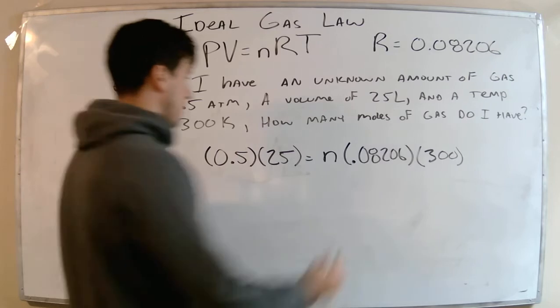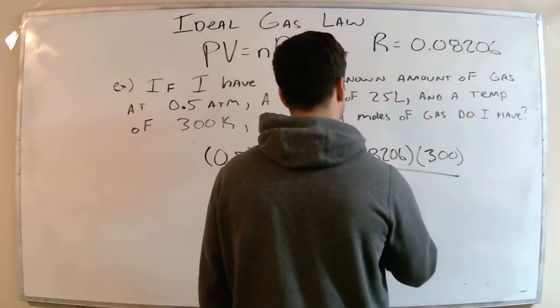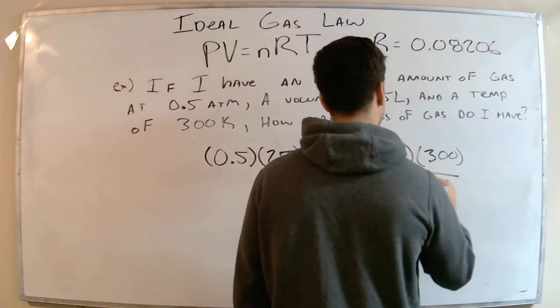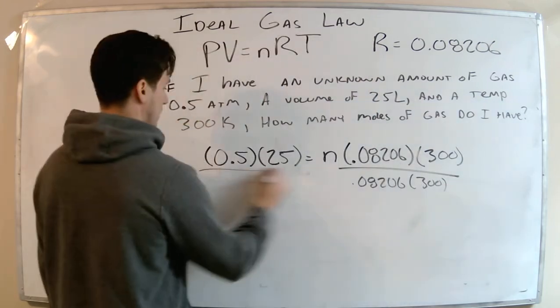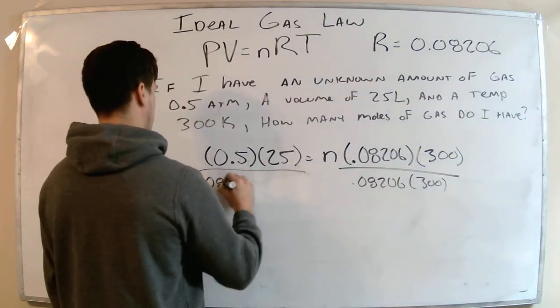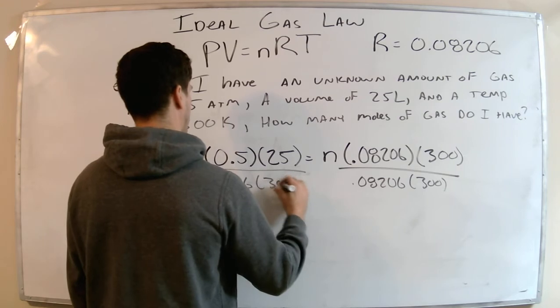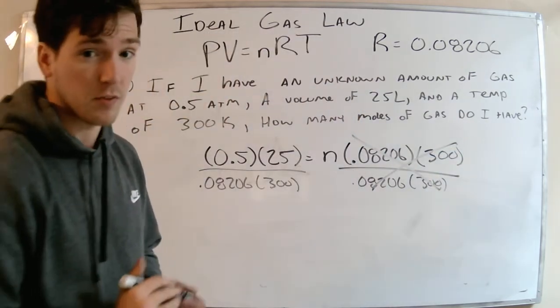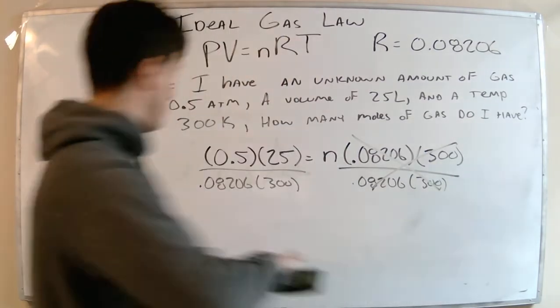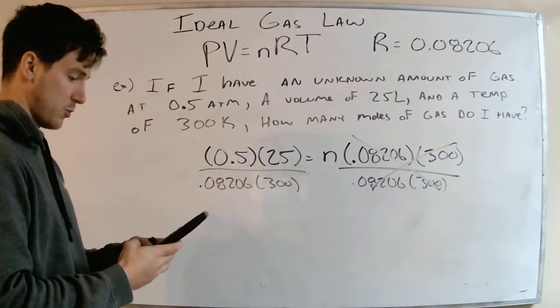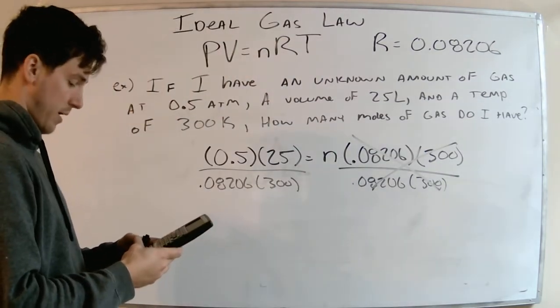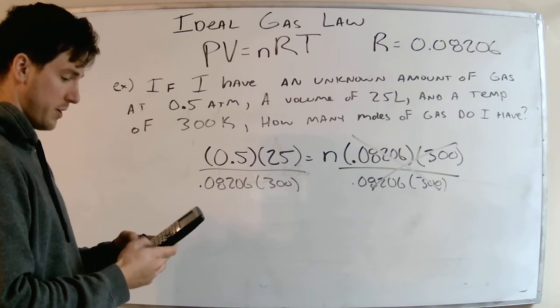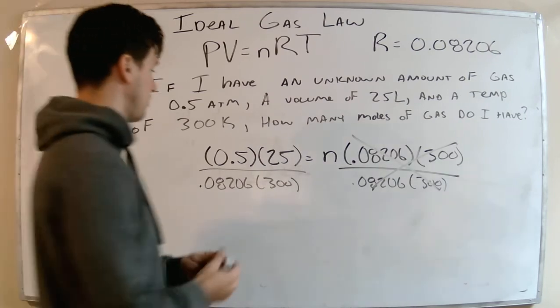Divide to get n by itself, so we'll divide by 0.08206 and 300 on both sides. Those cancel out. We're left with n, which is our moles. So 0.5 times 25 divided by 0.08206 times 300 will give us moles.